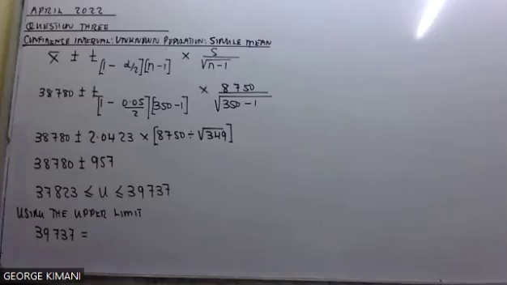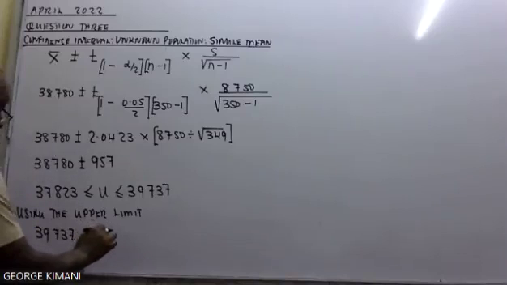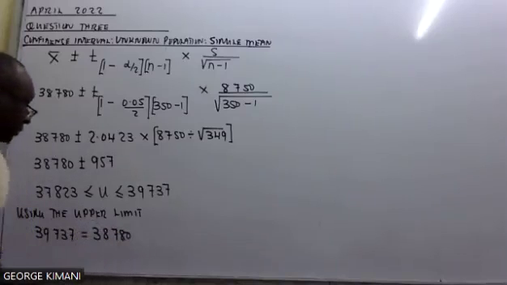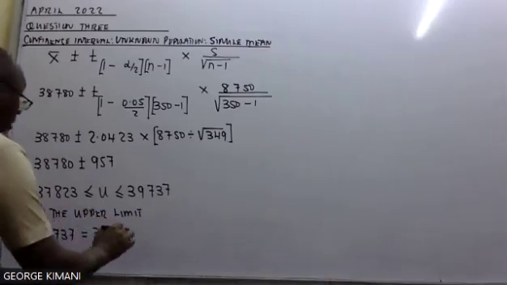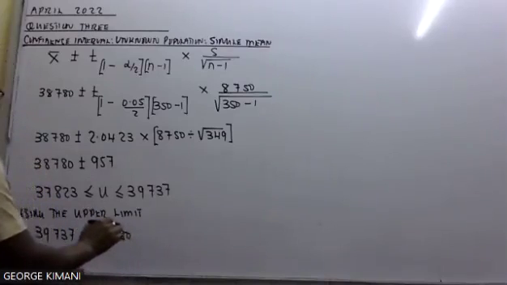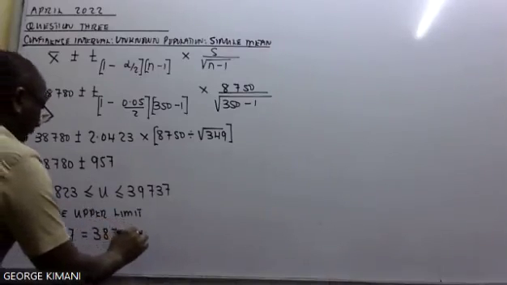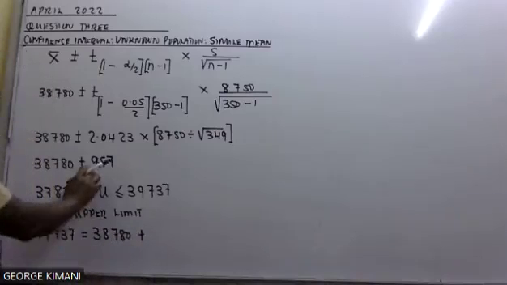We have arrived at it by adding these 38,780, multiplied, rather, we have added these 957.